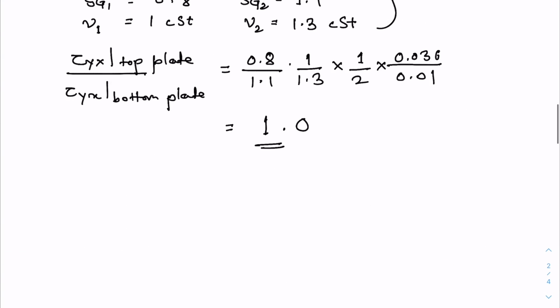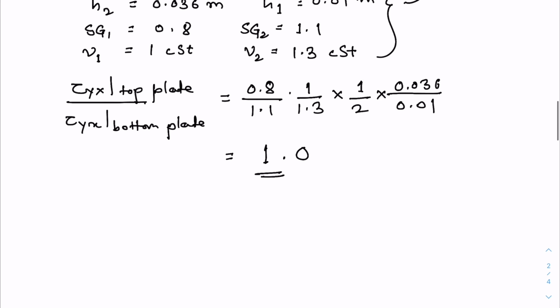So that is the reason this ratio is coming out to be 1. And this is one of the important boundary conditions to use at any fluid-fluid interface.